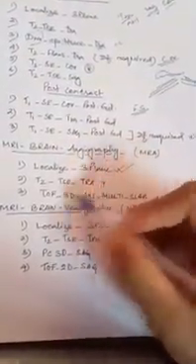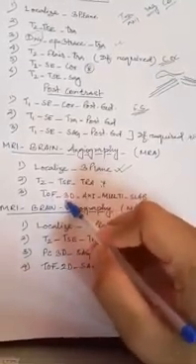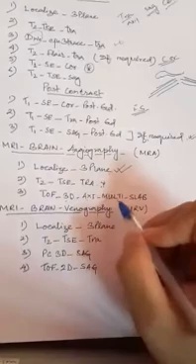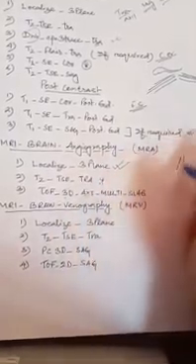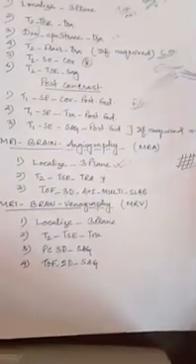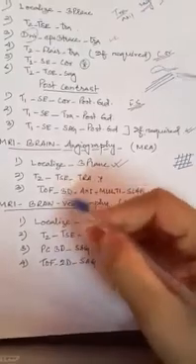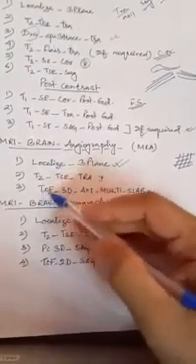For TOF, time of flight, that is for angiography, time of flight 3D sequence. This is multi slab, that means multiple slabs we are taking. This is for the axial section. From that axial section we can make the 3D image, that is time of flight.